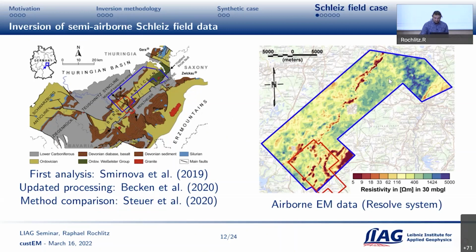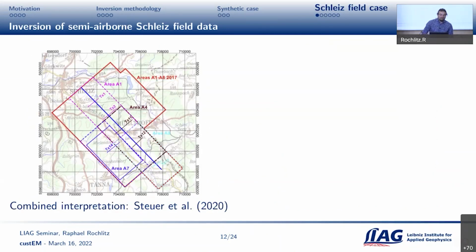If we look at the RESOLVE system conductivity distribution at the surface, we identified this southern part of the blue area to be the target of interest for our semi-airborne experiment. We ended up with 8 flight areas in this red subpart, the southeast of Thuringia.